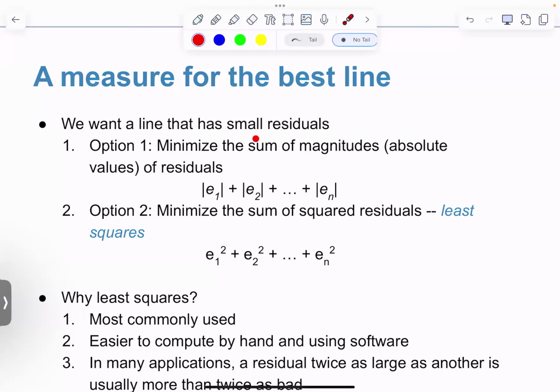That's our goal. So option one would be to minimize the sum of the magnitude, so we can take the absolute value of the residuals. Because like we said, if I add up the residuals, they'll just add to zero. That's not going to help me, because I'm going to have some positive ones, some negative ones, and they're all going to cancel out. So what we're trying to do is make them positive somehow.